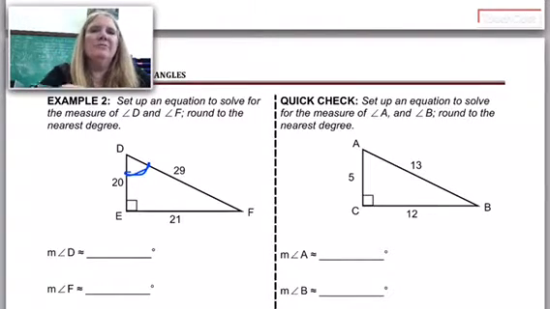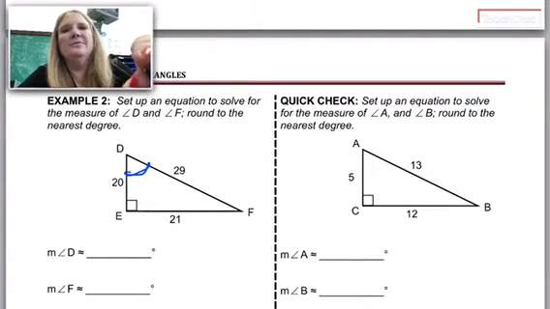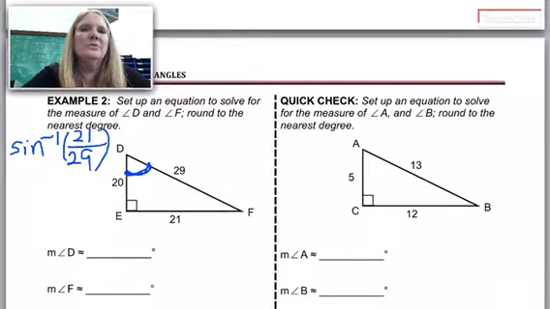We're also going to look for F, but let's start with D. So we have all three sides, so really you can use sine, cosine, or tangent. It doesn't matter which one you use, but I'm going to use sine. So the inverse sine of, if I'm looking at this angle, sine is opposite, so 21 over hypotenuse.